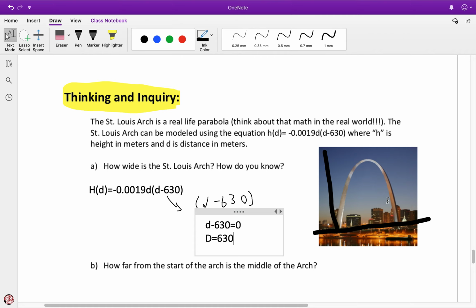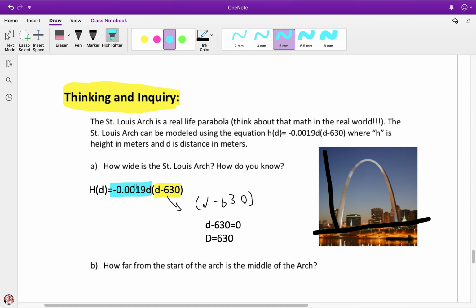Now, if you remember, the reason we zero these out is because along the y-axis, or along the height, it will be 0 when these meet. So we need to make this part equal 0, or this part equals 0. We already did that, so we take a look at the blue part. What could we put in for D to make that equal 0?